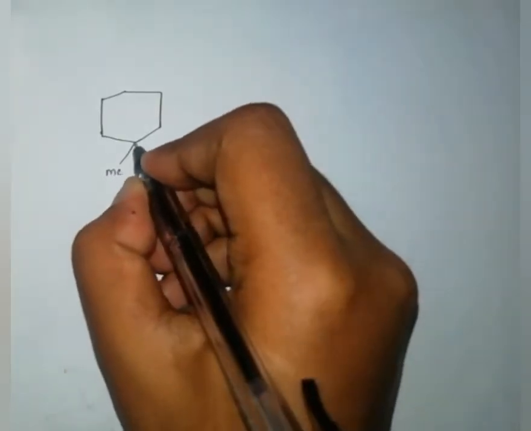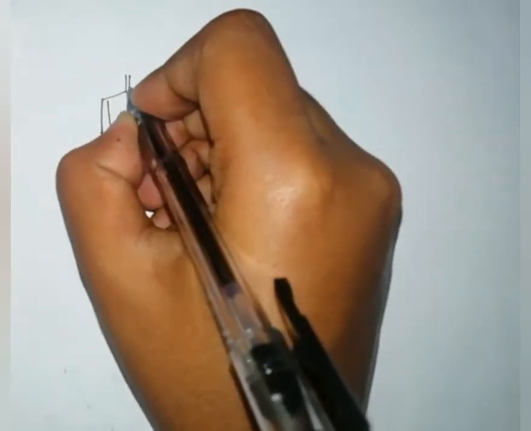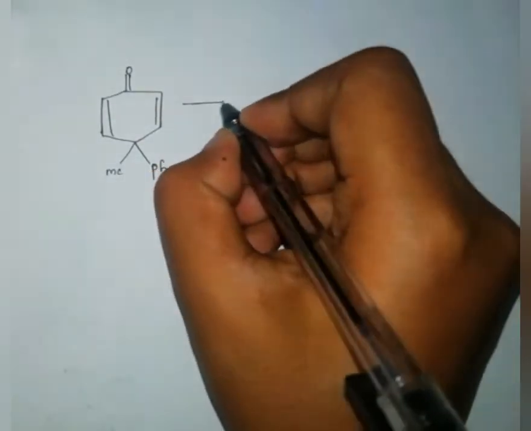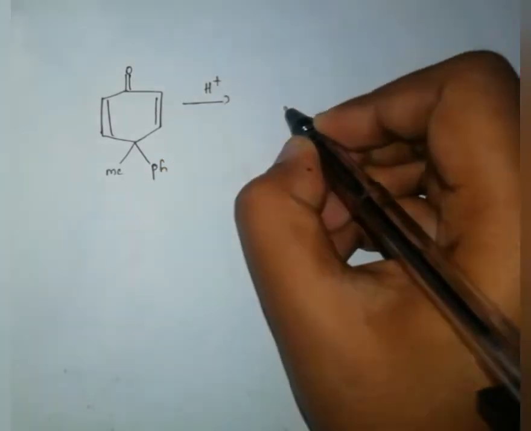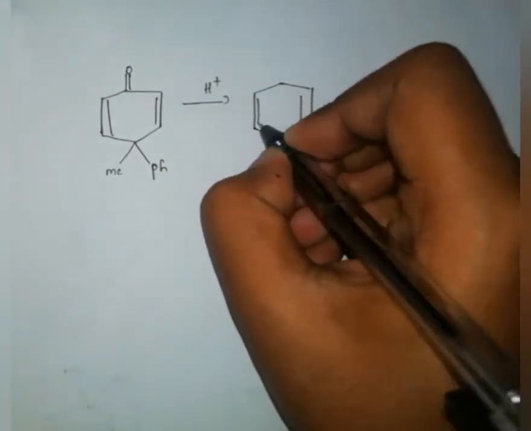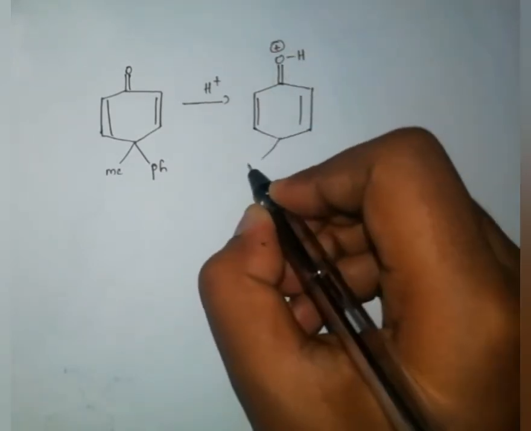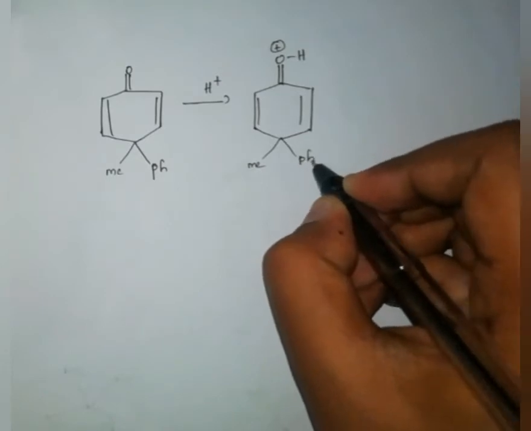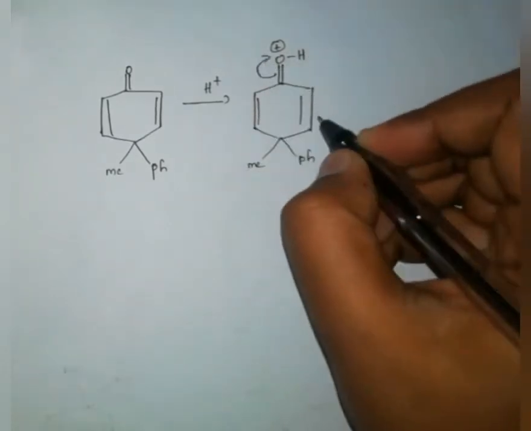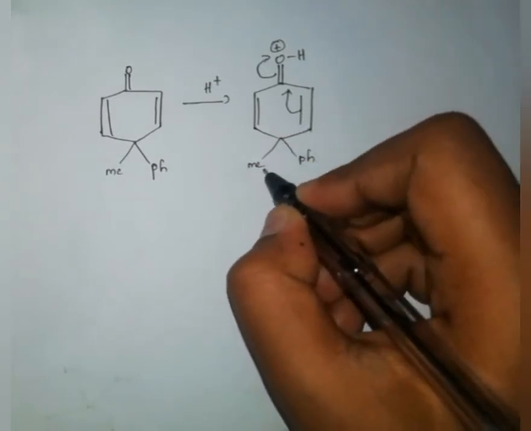Here we consider that one of the groups is a phenyl group. Then what is the product? In the presence of H plus, this becomes protonated, with Me and phenyl. This group gets shifted, and this gets shifted here.